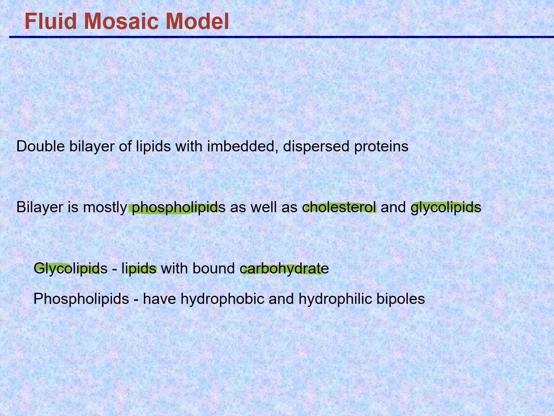The phospholipids are partly hydrophobic and partly hydrophilic. We talked about this when we described phospholipids as a type of lipid. The phosphate part of the phospholipid molecule is hydrophilic, and the fatty acid chains in the phospholipid molecule are hydrophobic.